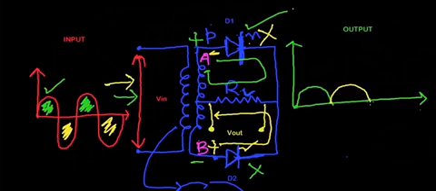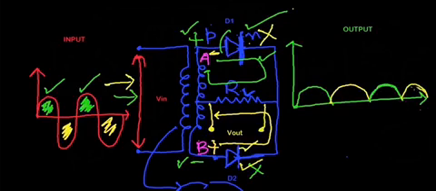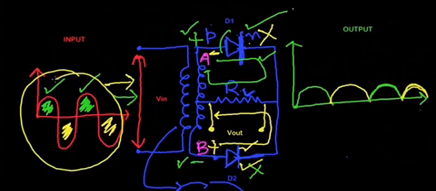Then again, when your positive half cycle goes in, A will become the positive terminal and B will become the negative terminal. D1 will be forward biased and D2 will be reverse biased. The current will flow and you will get an output. That means the green output for this circuit. And when the negative half cycle goes in, you will get current because of D2 and you get an output again. So you see this entire wave, that AC, is converted into one direction.